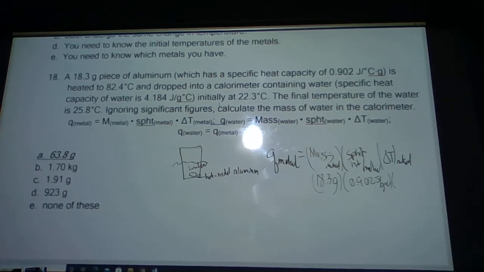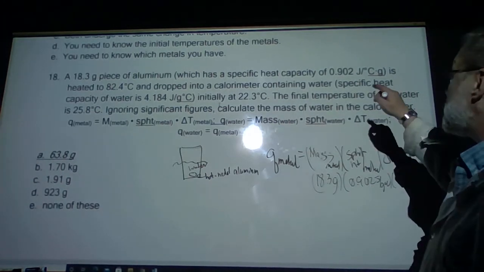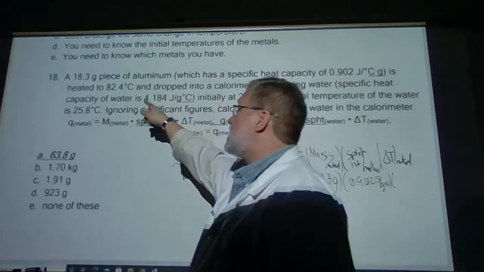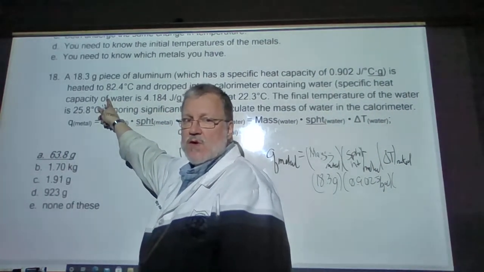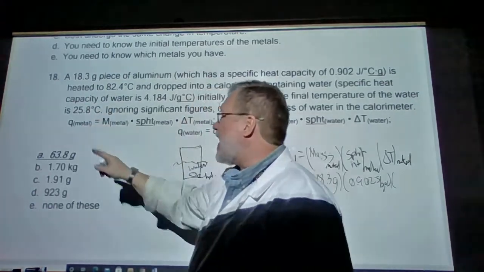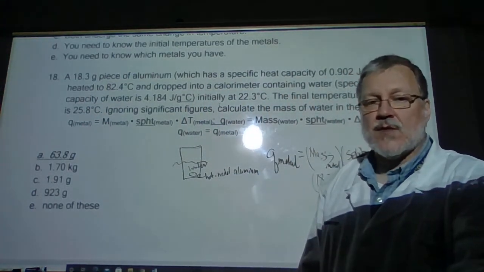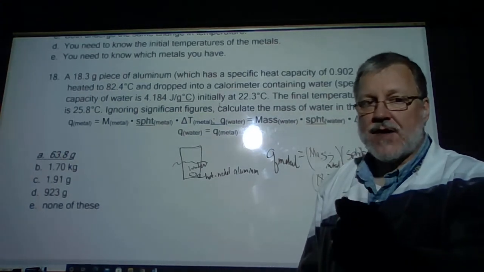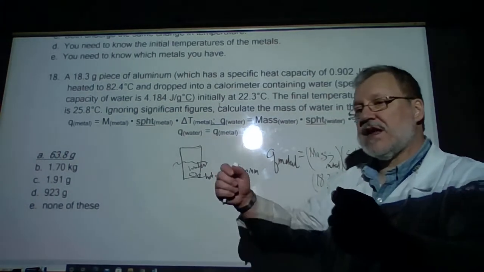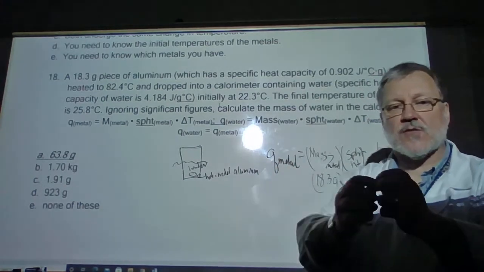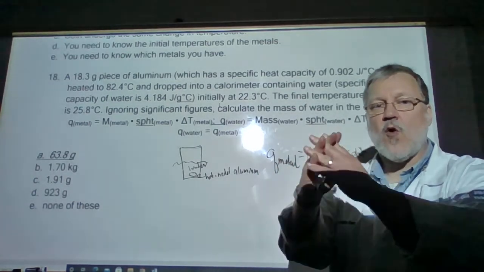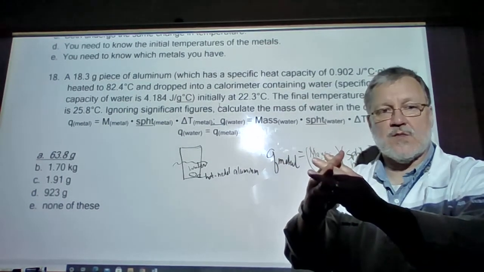What's the temperature change? The temperature was initially at 82.4 degrees C. The final temperature of the metal is the same temperature as the final temperature of the water because heat energy is continually transferred until the metal and the water are at the same temperature.